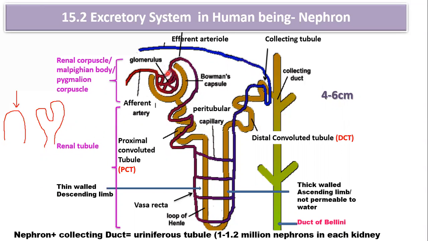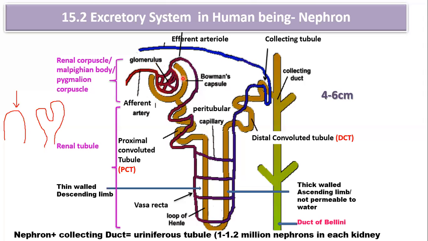There can be 50 capillaries. So the network of capillaries is known as the glomerulus, and the cup-like structure is called the Bowman's capsule. These two structures together form the Malpighian body, or renal corpuscle, or Malpighian corpuscle. That is the first part.